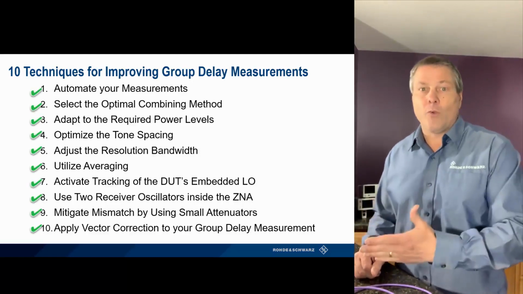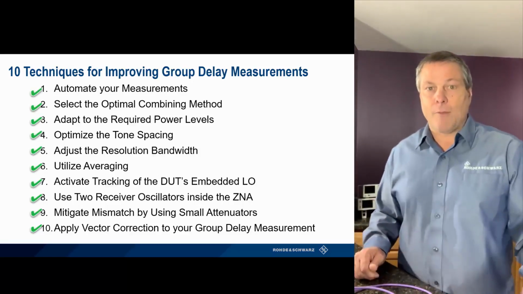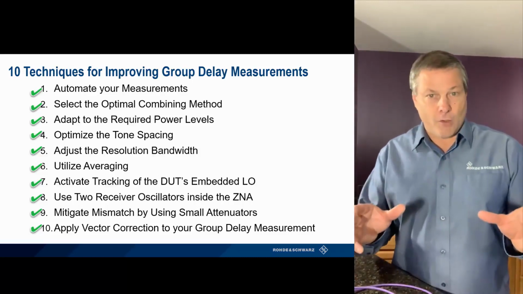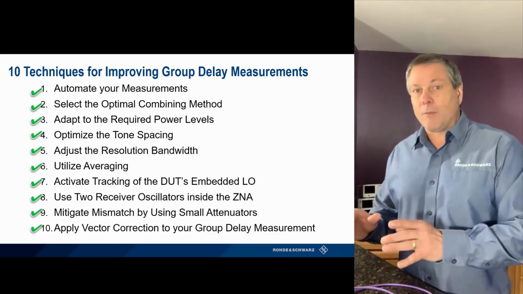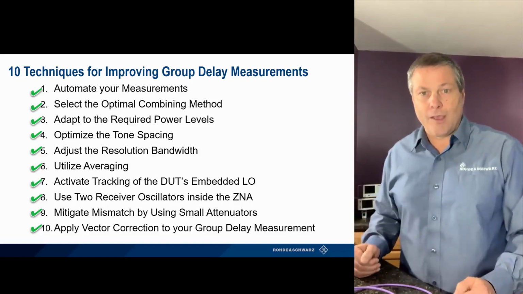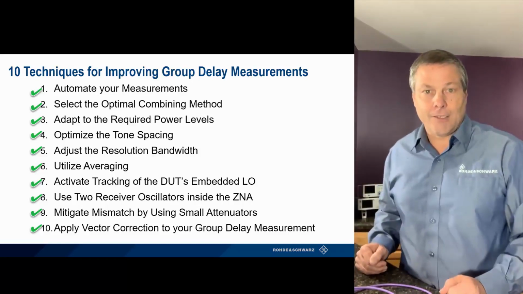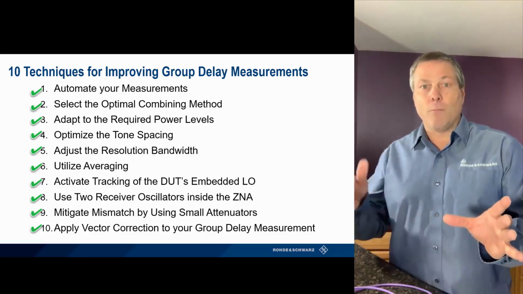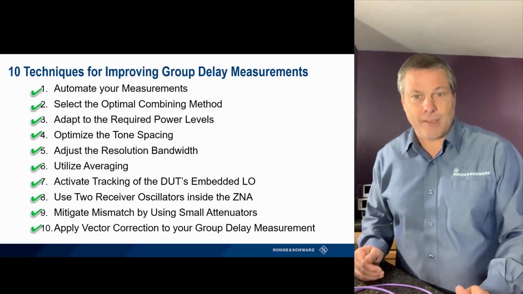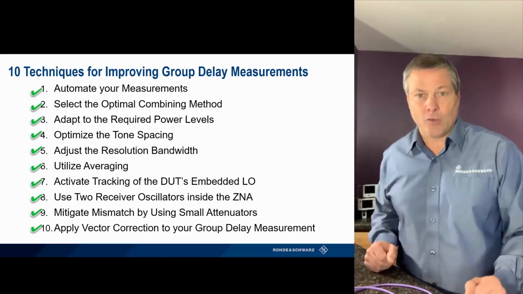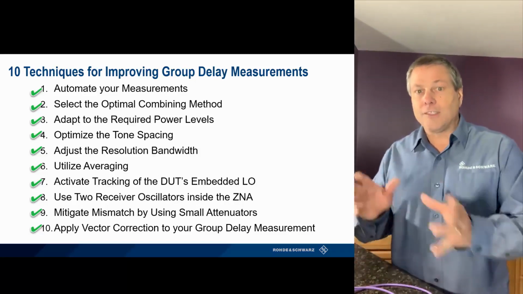We've already gone through all 10 ideas, and we've gone from a starting trace that was very noisy at the beginning of video number 1, to the end of video number 10, where we have a very smooth trace which really accurately measures our device under test. So I want to show you that before and after comparison, and then give you a brief review of the 10 different things that we did so that you can decide if it's worth going back and watching the individual videos. Okay, so let's take a look at the instrument right now.